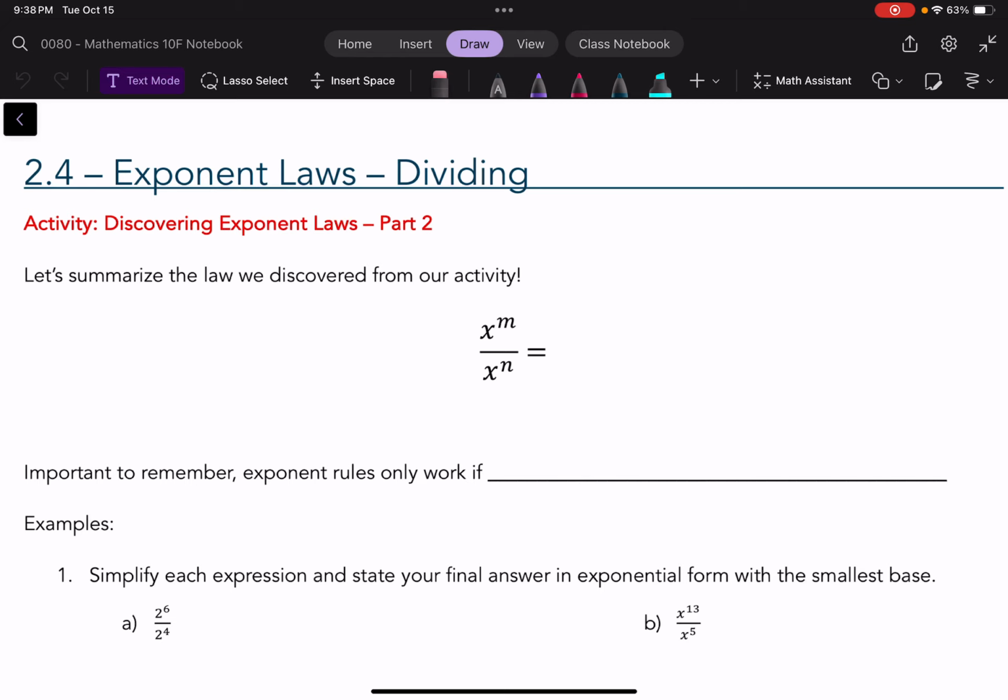What do we get when we simplify two powers through division with the same base? We end up subtracting those exponents, okay?